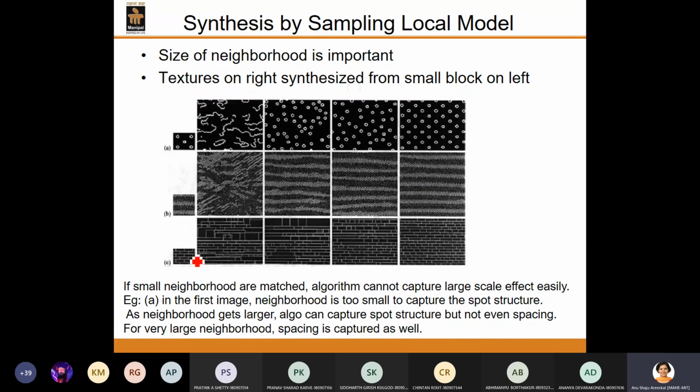Similarly, if you look at this brick image, it becomes better with a larger neighborhood. The size of the neighborhood plays a very important role, especially if you have a very regularly occurring pattern with specific distance information.